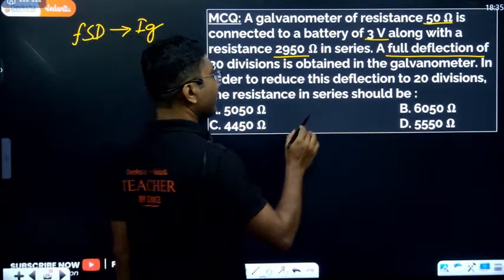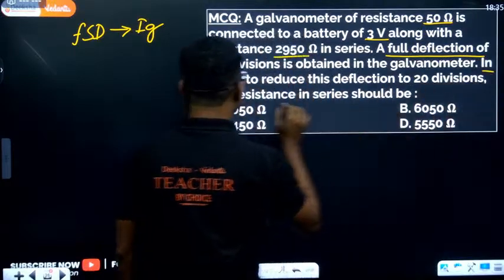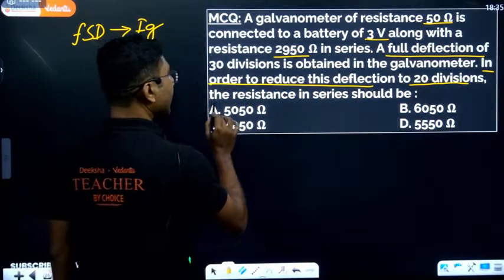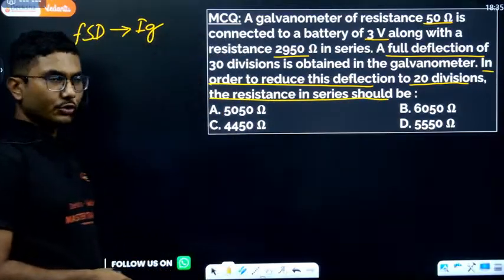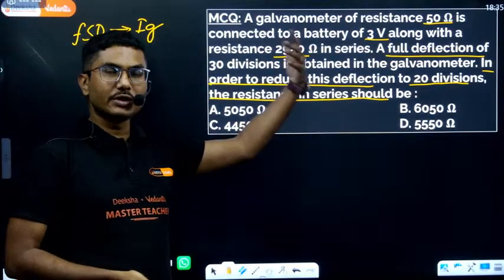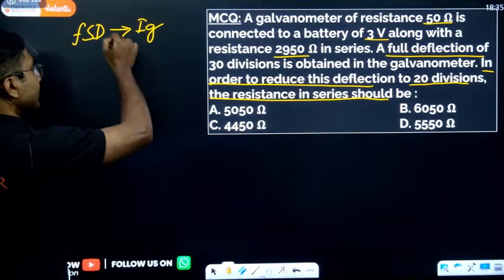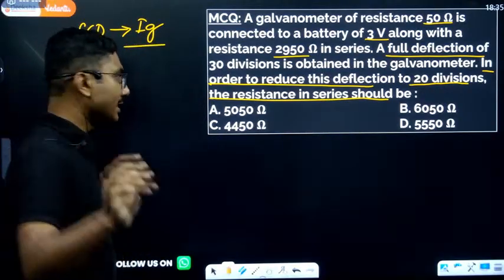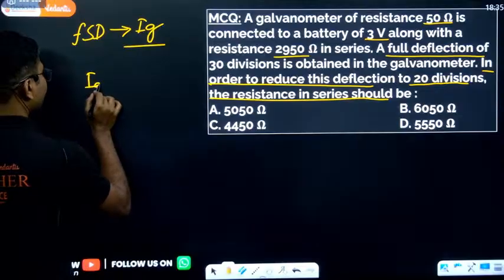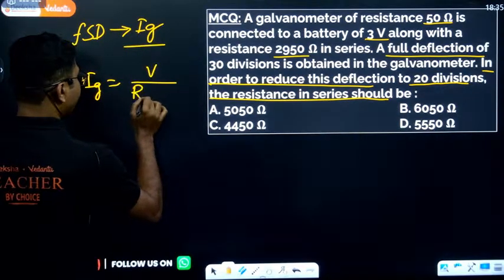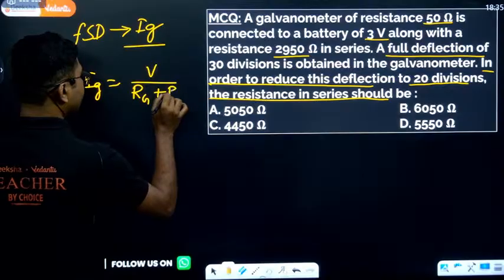Next step is given that in order to reduce this deflection to 20 divisions, the resistance in the series should be what? So basically we want to reduce the value of the current that is passing in the circuit. 30 divisions, Ig is fixed. So what is that Ig? Ig here for the first case is the voltage divided by the galvanometer resistance plus the external resistance.